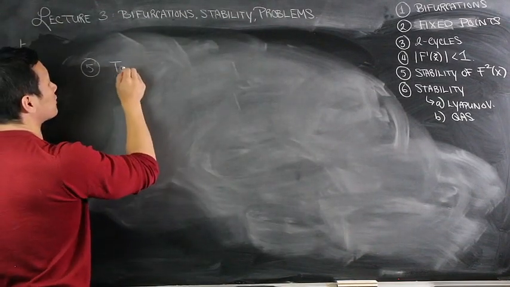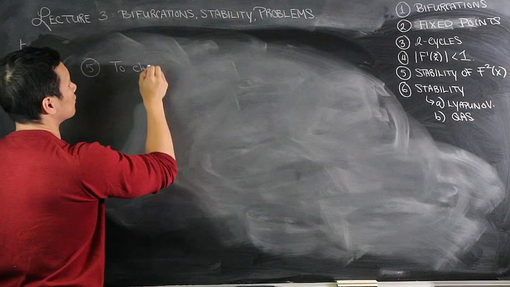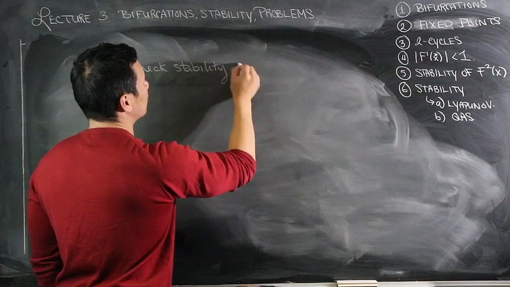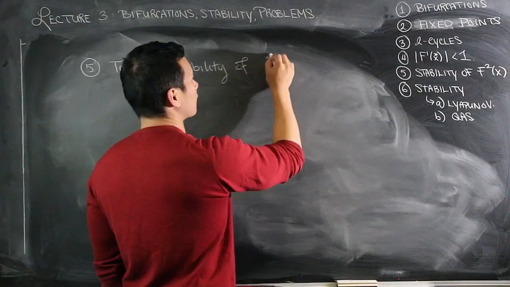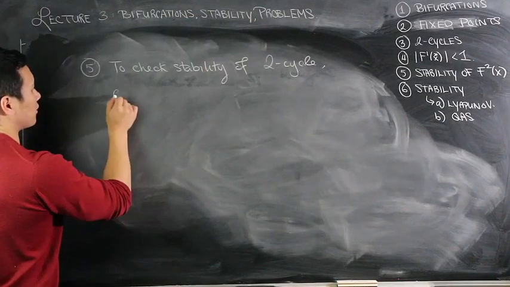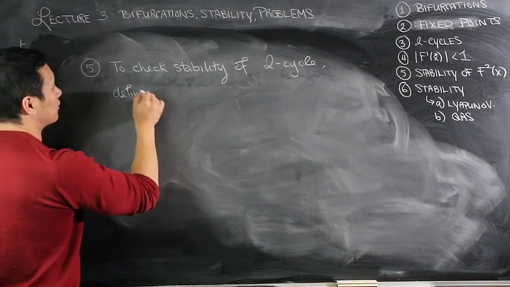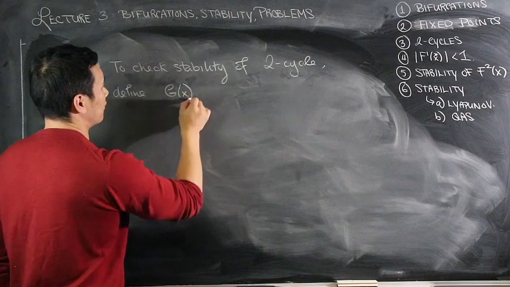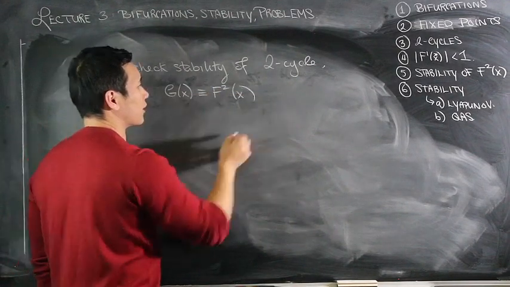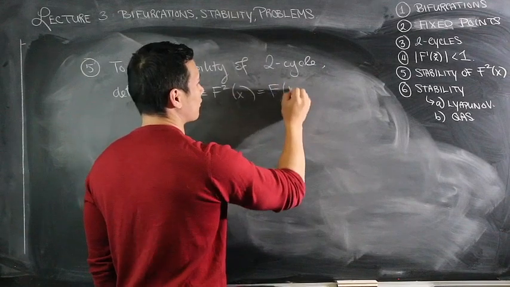So to check the stability of the 2 cycle, you can just define g of x to be f squared of x, or again, this is f of f of x.